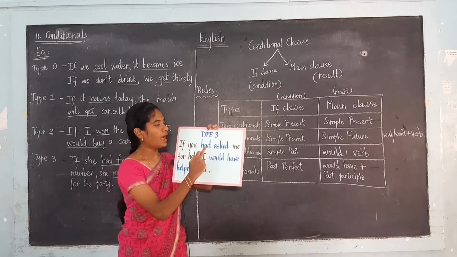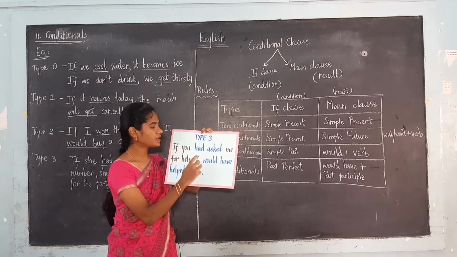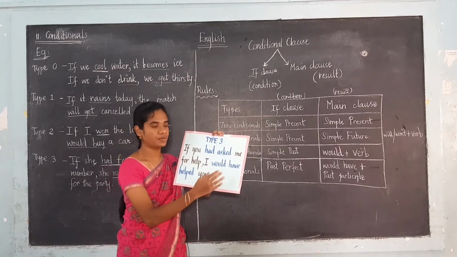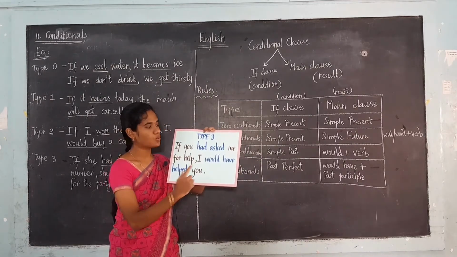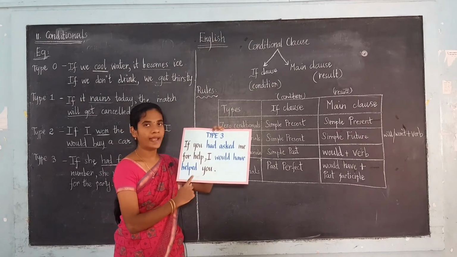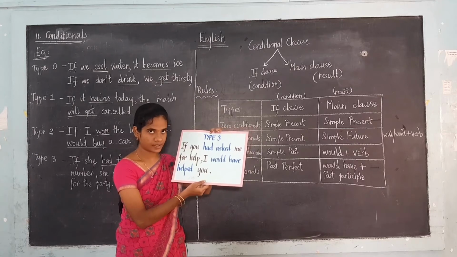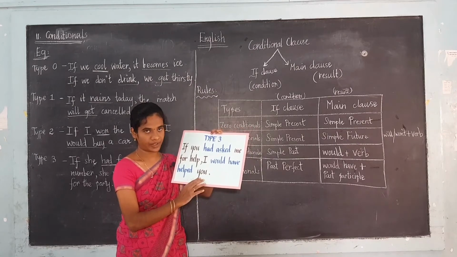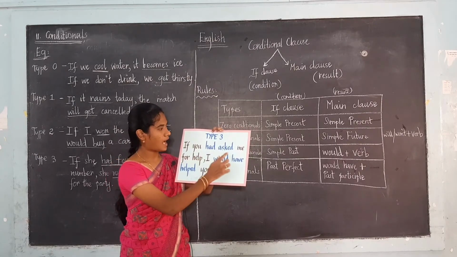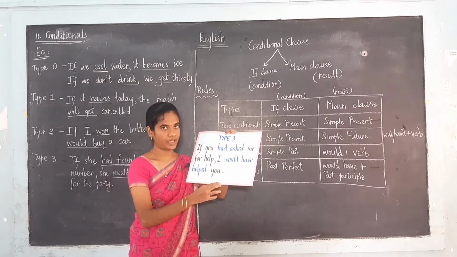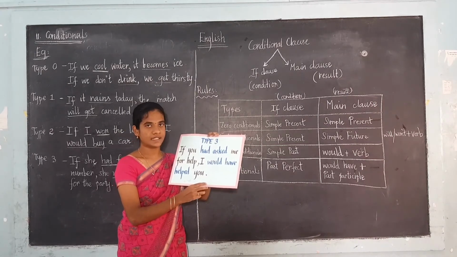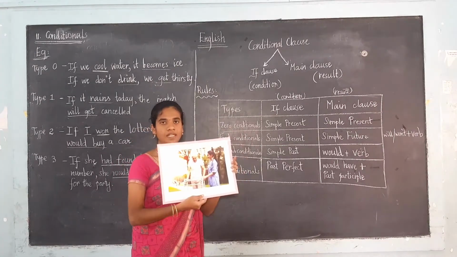So, I have written had asked. See the next one, the main clause should be in would have plus the past participle. So, what have I written? Would have helped. Okay, you have to write in this structure for the type 3. If you had asked me for help, I would have helped you. Okay, so it's the example of the type 3 and this is the picture.